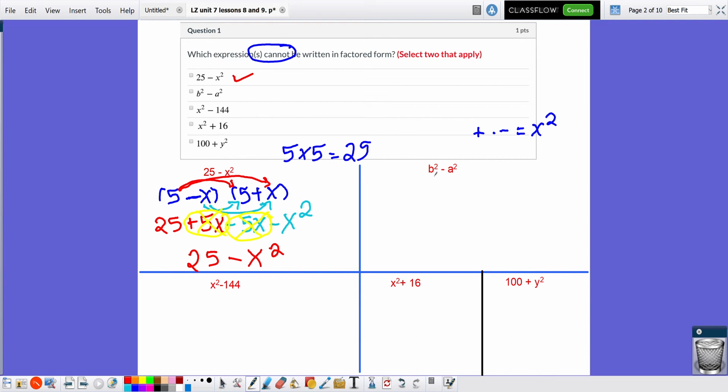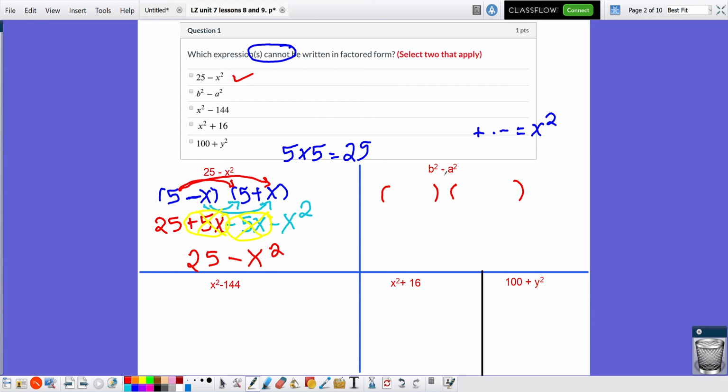So for this one, b squared minus a squared is a little bit different because on this one, 25 minus x squared, you had a number. This one, we only have letters. So I know that inside the parentheses will be letters. We won't have any number.